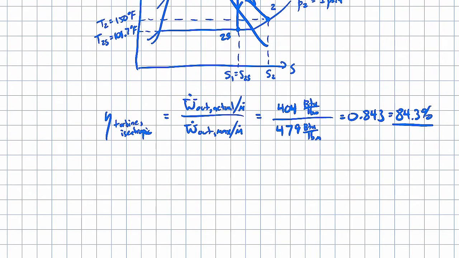So the actual turbine has an efficiency of about 84%, meaning that we haven't quite reached our maximum possible. Real turbines can actually be quite efficient, in the upper 90% as far as the isentropic efficiency. So this one could use some improvement.